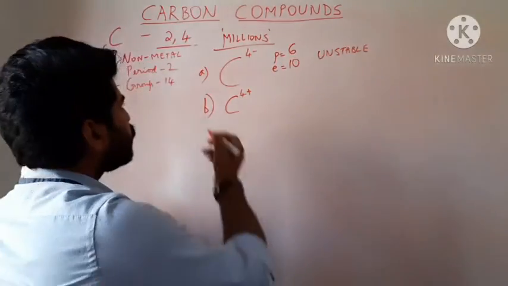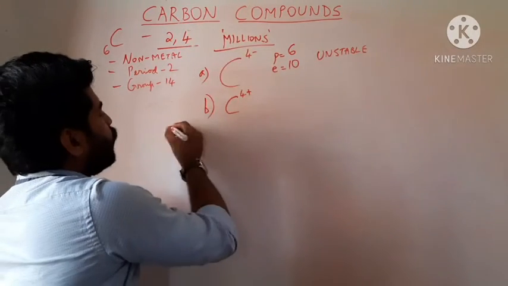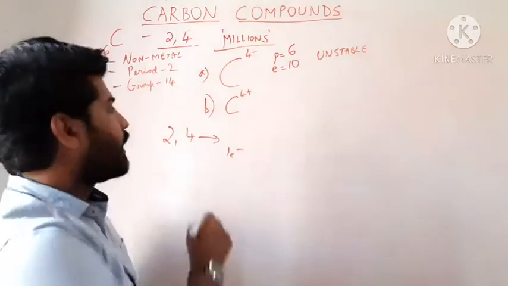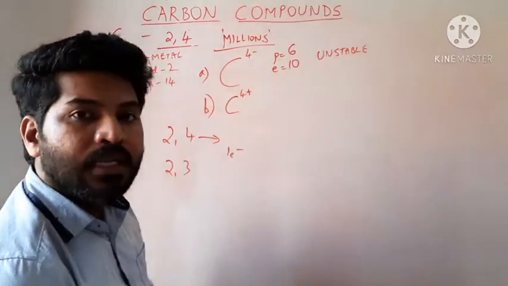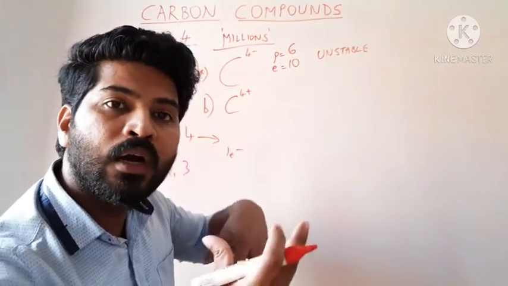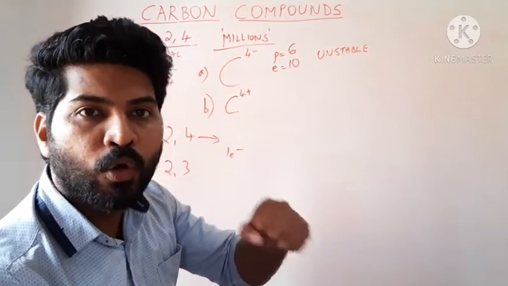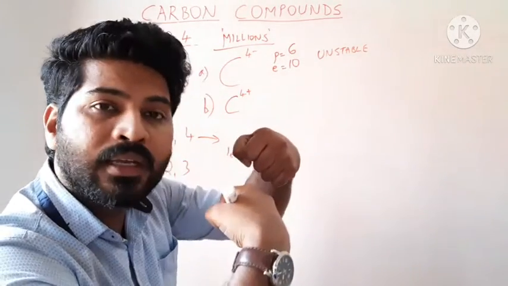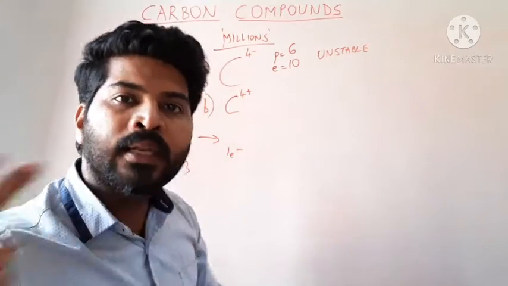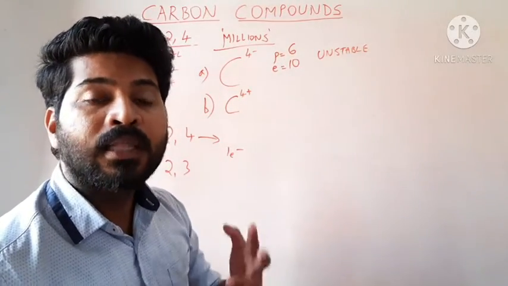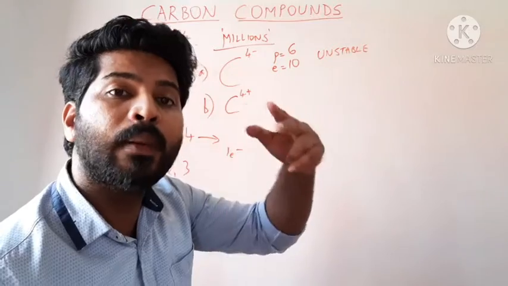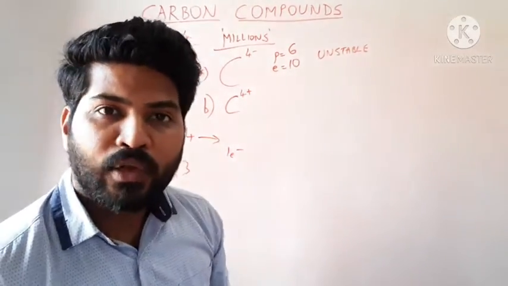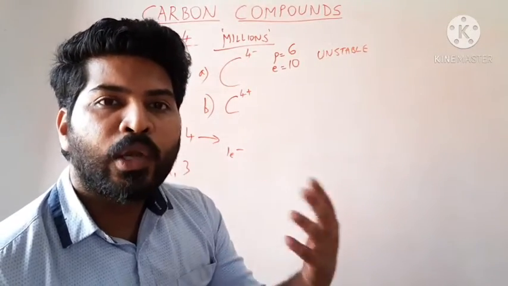As soon as you remove 1 electron from the outermost shell, the nucleus will have a stronger hold over the valence electrons. The attraction between the nucleus and the outermost electrons will increase. So, in order to remove another electron from the outermost shell, the amount of energy required is almost double or triple. This is what we call the first ionization energy, second ionization energy.